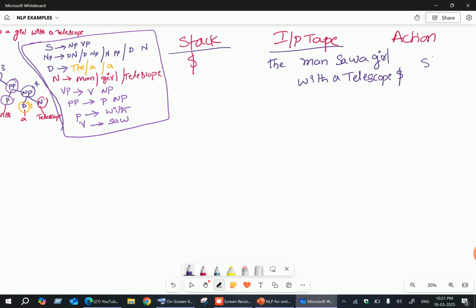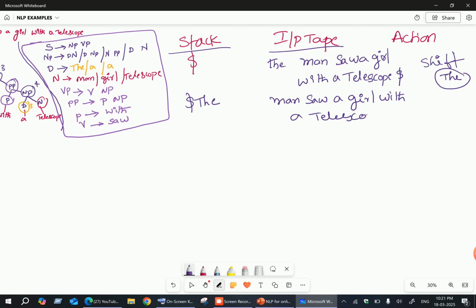So obviously the first one is a shift operation. Here we are shifting the. So dollar the. After shifting the to the stack, the leftover string is man saw a girl with a telescope. We need to write this clearly, okay?